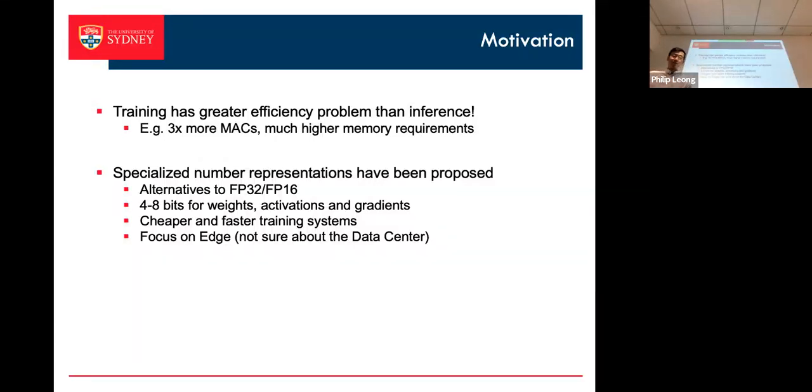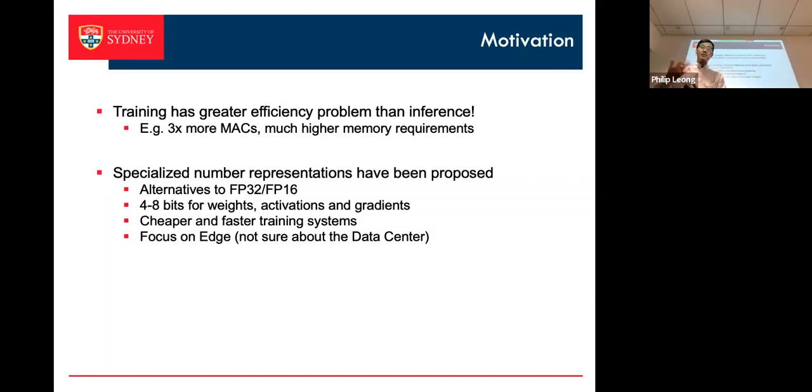In training, you have to do the forward propagation, which is inference, and then you have to back propagate. When you do that, you need to have all the activations, and you have to back propagate with respect to the weights and also the activations. So that's roughly 3 times more multiply accumulates per second, and it has much higher memory requirements.